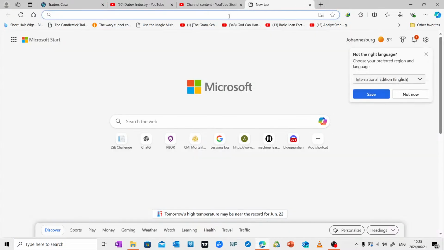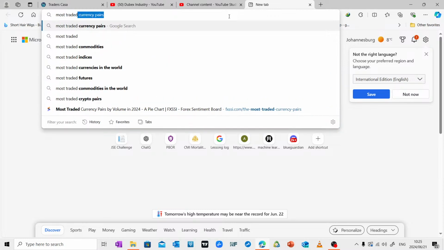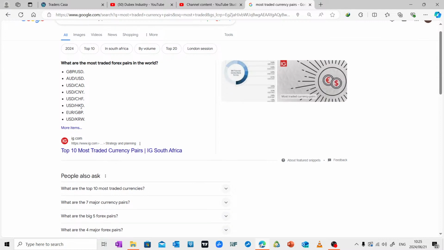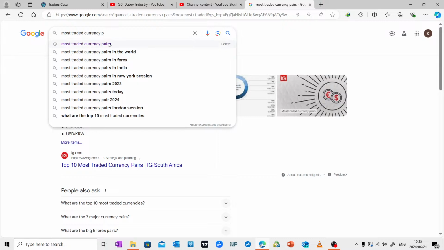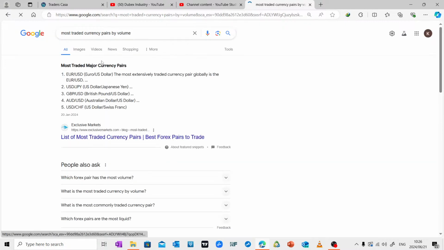And if you just search most traded currency pairs, pairs by volume, there you go. USDJPY is number 2, right?